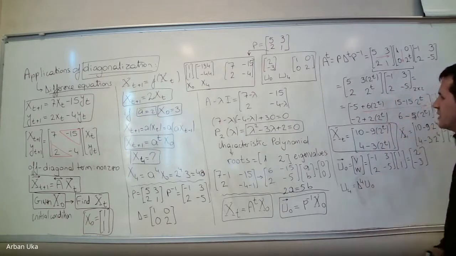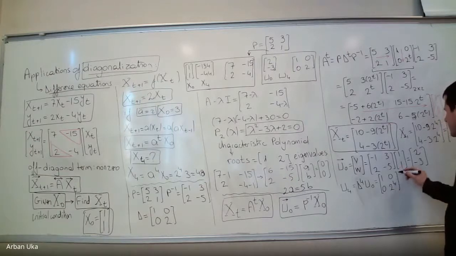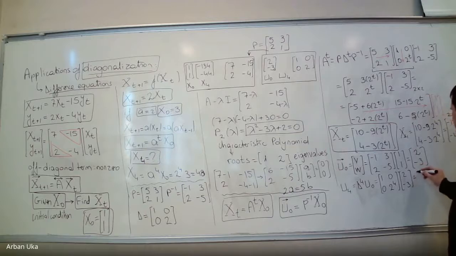So it is a similar construct as we did before. D to the power 4 is 1, 0, 0, 2 to the power 4 times 2, minus 3. Okay? So then this will be equal to 2. Wait a second. Is it correct? Yes, this is 2.